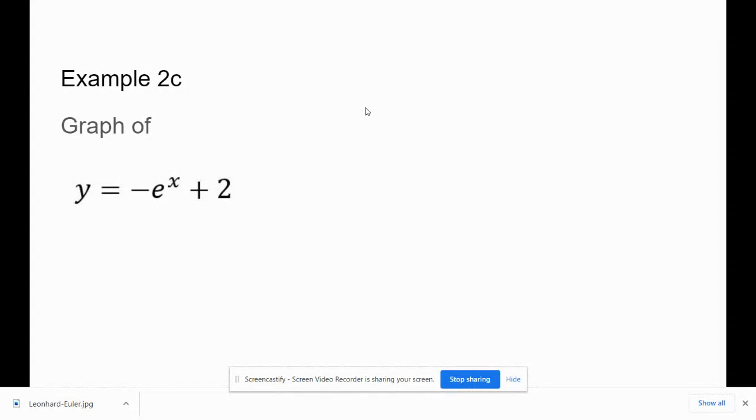So instead of going up to the right, it's going to go down to the right, and it'll be below the x-axis. But that +2 is going to shift my horizontal asymptote up 2 units. So instead of y equals 0, it's now going to be at y equals 2.